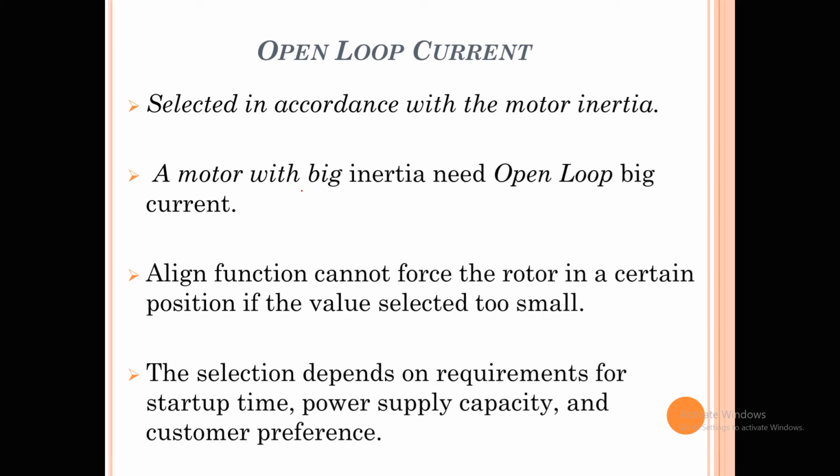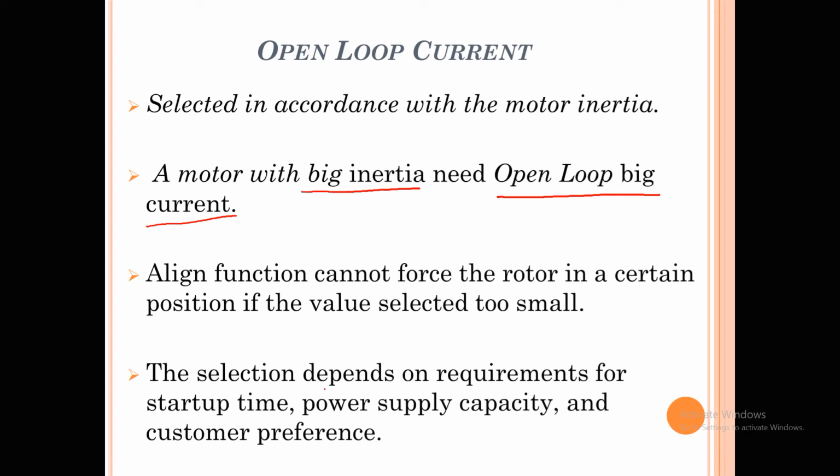If your motor inertia is higher, you need to select a higher open loop current value. More or less in some applications, open loop current and align current both come with the same register value. So both values need to be selected in such a way that the motor will start perfectly.